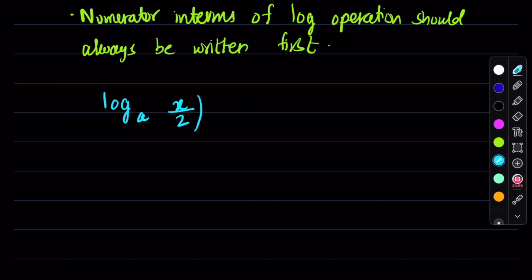How will we solve this? We will apply the quotient rule, because we know that the two terms are being divided by each other, and the log of the numerator will always be written first. So it becomes log base a argument of x negative log base a argument 2.